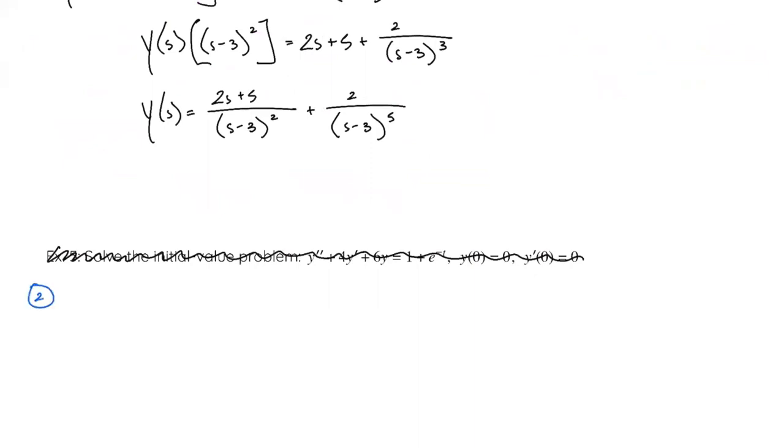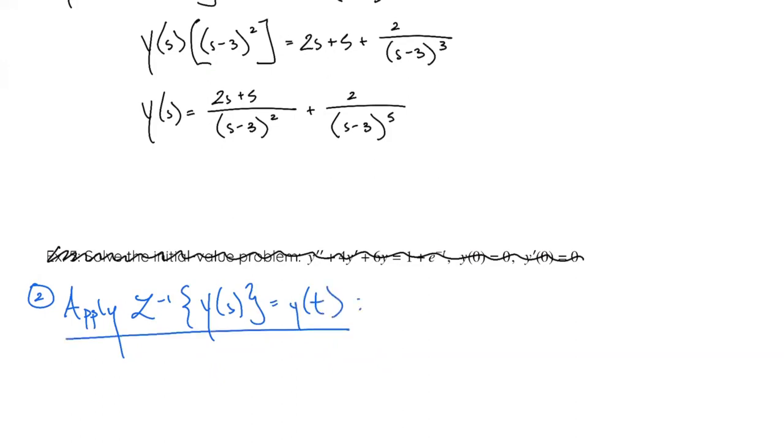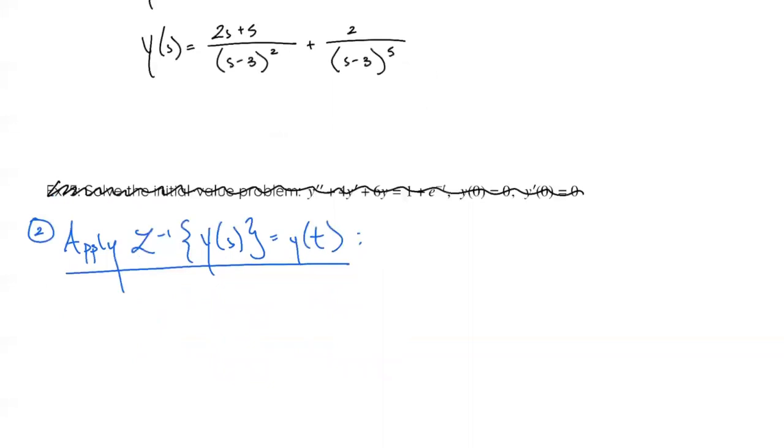Step number 2, we have to apply our inverse Laplace of our Y of s to find our lowercase y of t. Okay. And so if we take a moment to do that, we have the inverse Laplace of Y of s. That's going to give us our y of t. Okay.